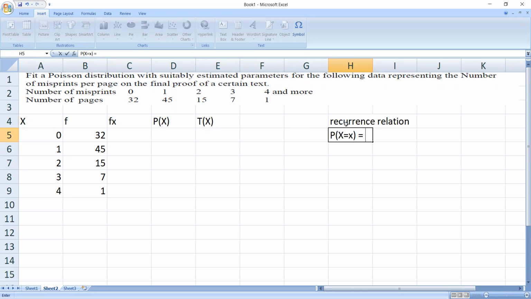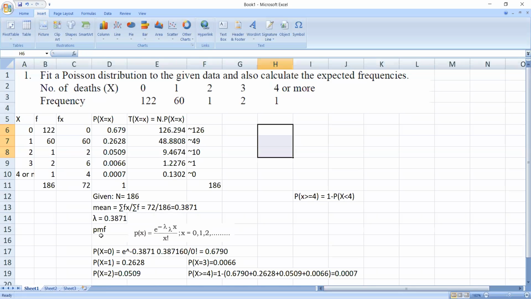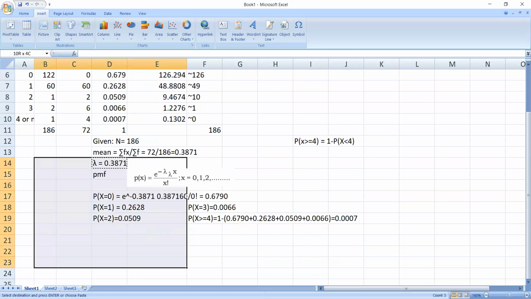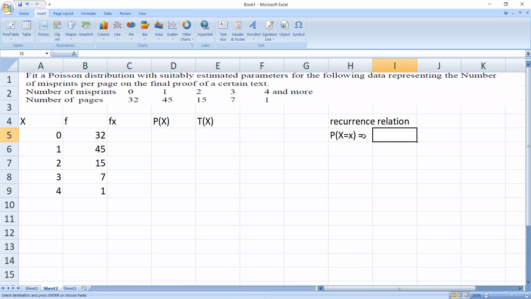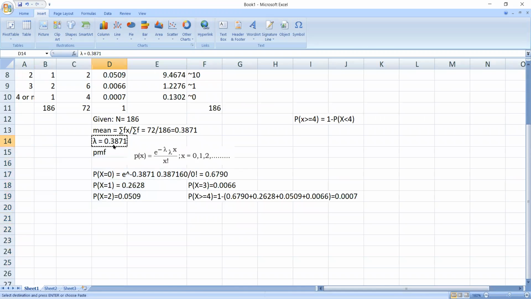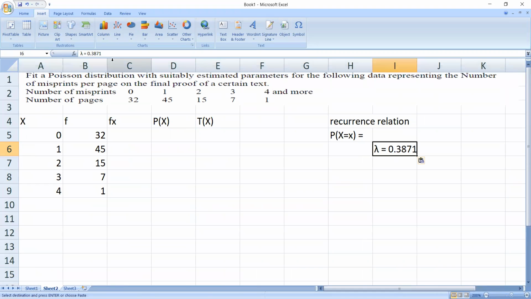P of x, the current probability, is equal to lambda by x into the previous probability.